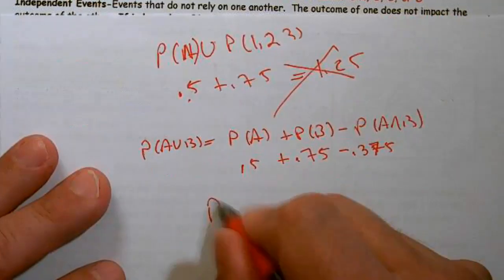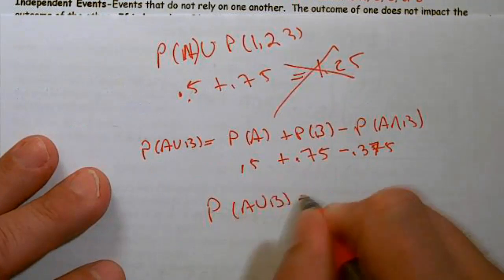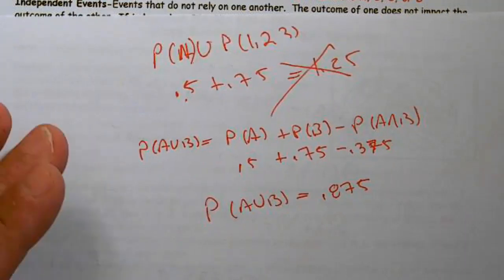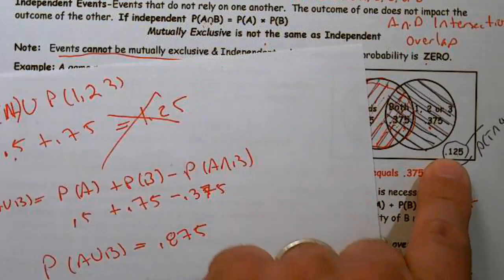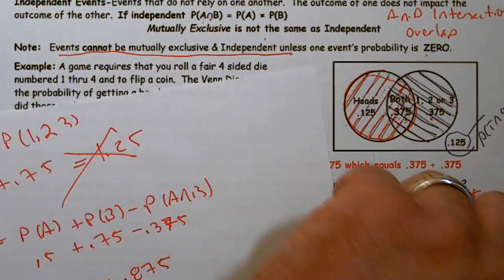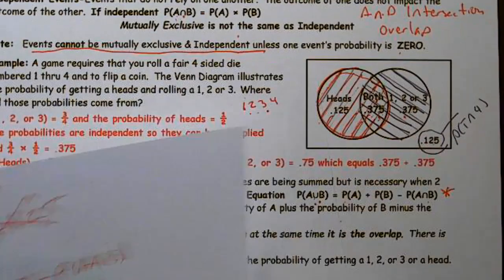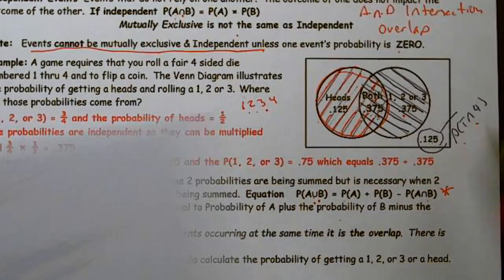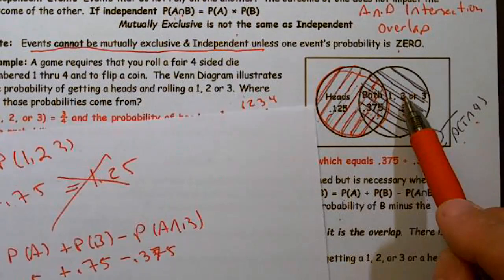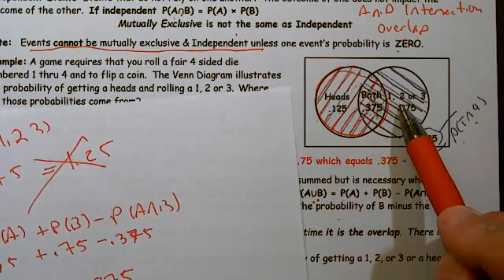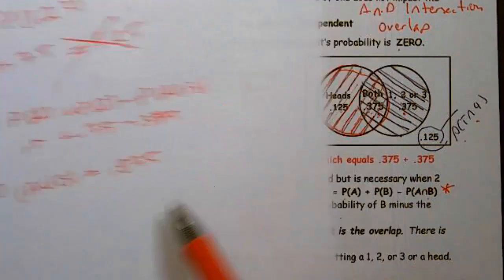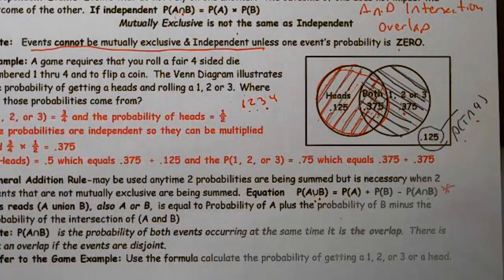And I find out the probability of them both occurring is 0.875, which is interesting because what's not accounted for was the 0.125, which is the probability of getting a tail and a 4. The probability of either getting a heads or a 1, 2, or 3, or both is this 0.875.